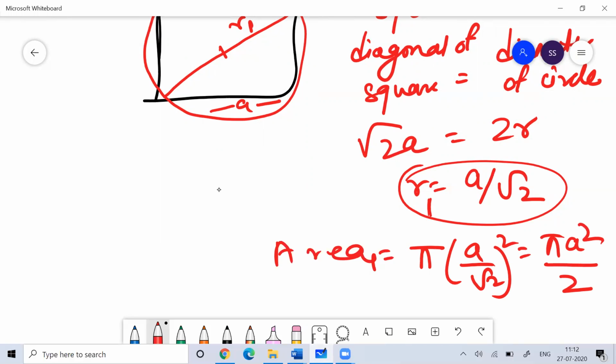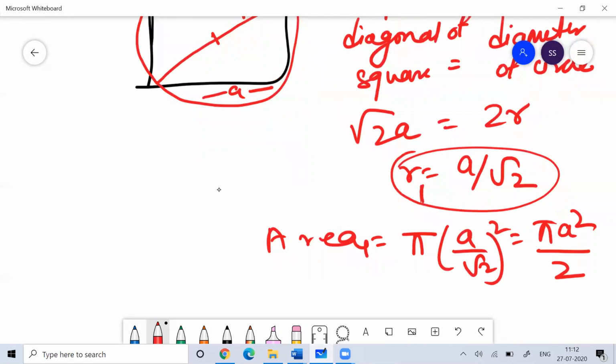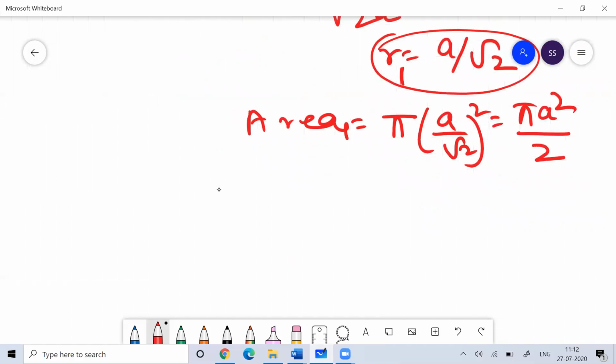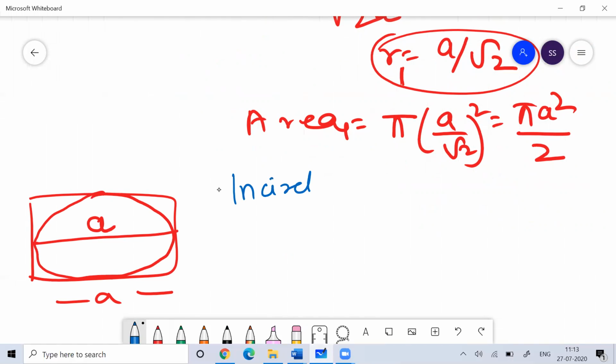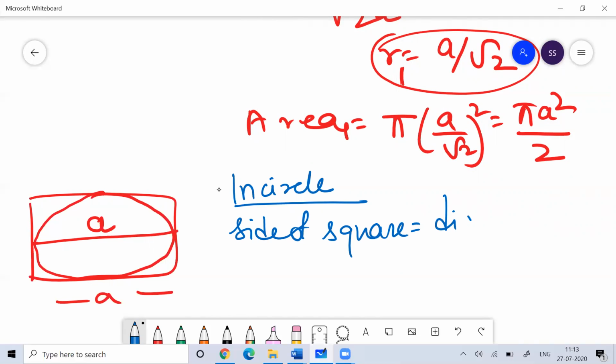Now that we have the circumcircle area, I'll talk about the incircle area. Suppose this is the square of side a. If you consider an incircle, then the side of the square will be equal to the diameter of the circle.